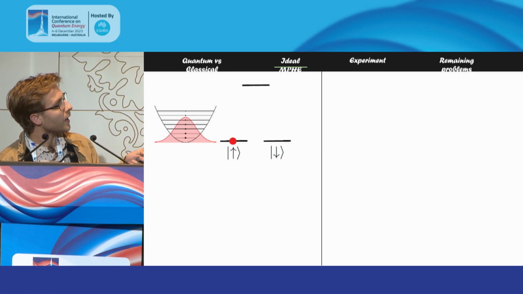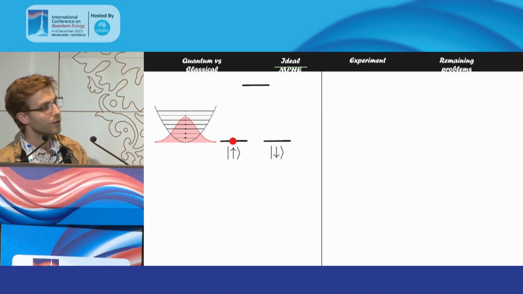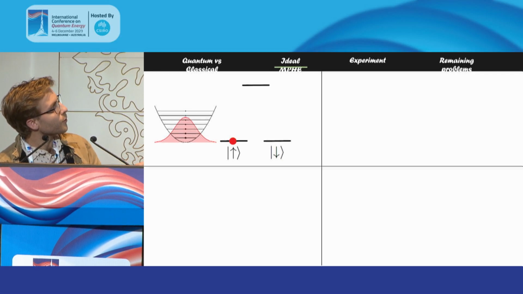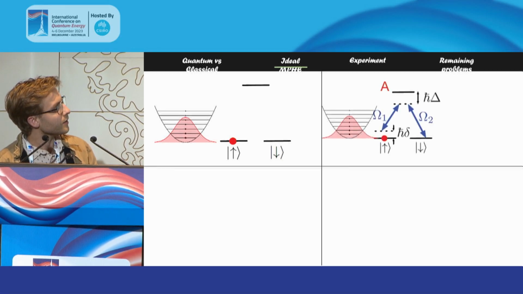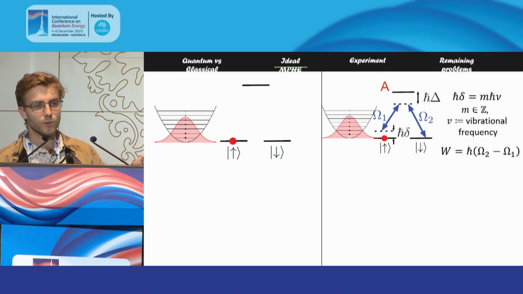The ion is trapped in a quadratic potential with its motion thermally distributed. We can then couple the motion and the spin states using a Raman pulse, where you detune the lasers such that both of them are detuned from the excited state, and then one of them is detuned a little bit extra, where delta is an integer multiple of the vibrational frequencies.